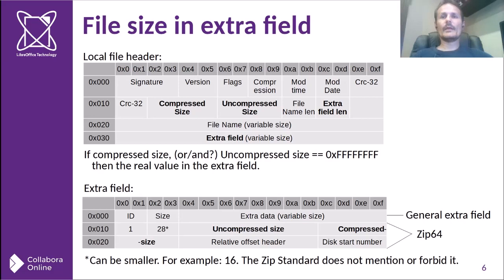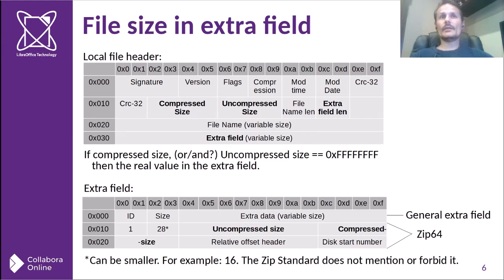So let's check this extra field and its parent, the local file header. The local file header starts with a signature, then version, flags, compression method, time and date of last modification, checksum, compressed size, uncompressed size. These are both stored in 4 bytes, so they cannot be bigger than 4 GB.